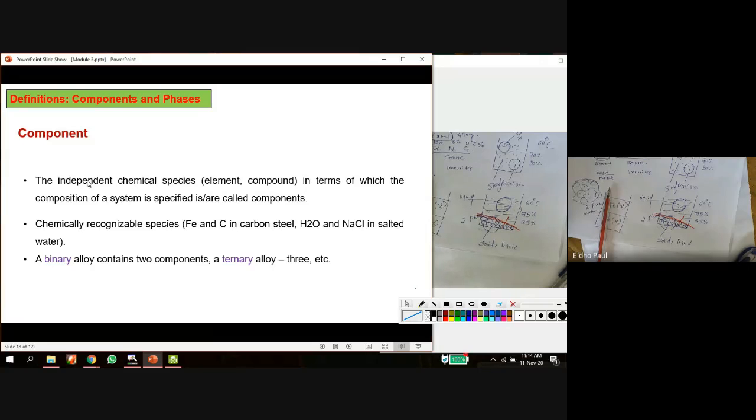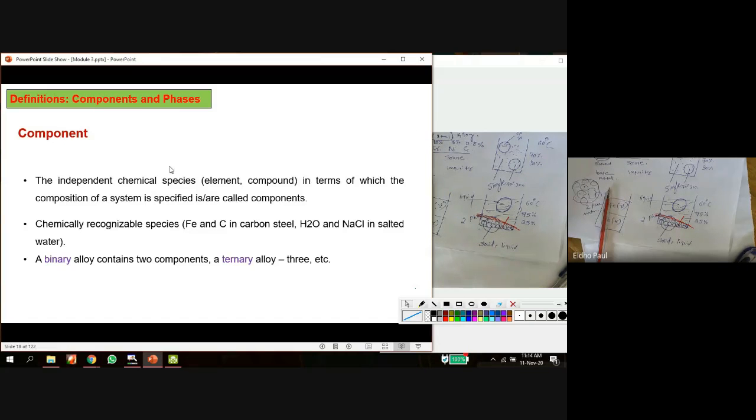Okay, so the independent chemical species, for example, in the case of sugar syrup, water and sugar are the two components. Water is made up of H element and O element, H2O, that is actually a compound.